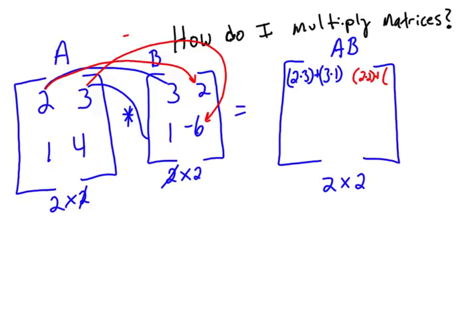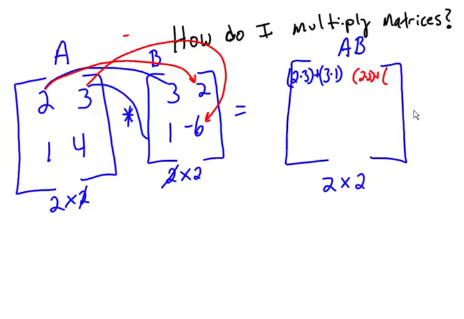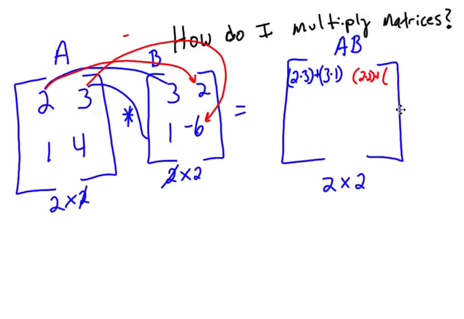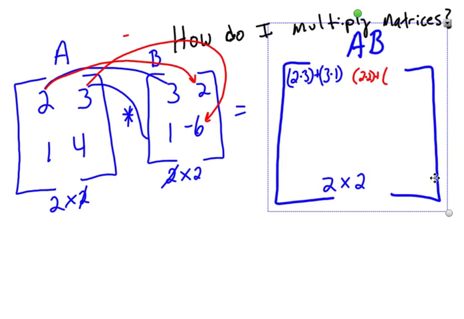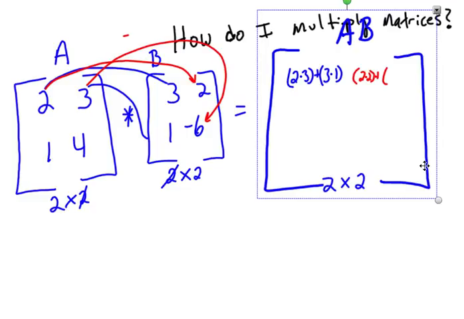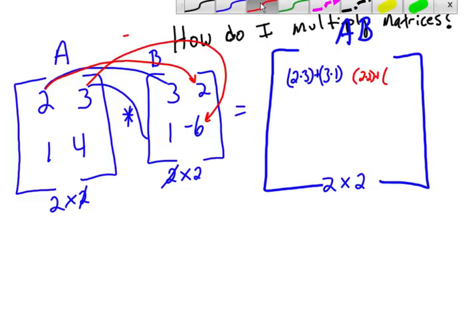So looks like I'm going to run out of room. Make that a little bigger. So 3 times -6. And that's a plus sign there.